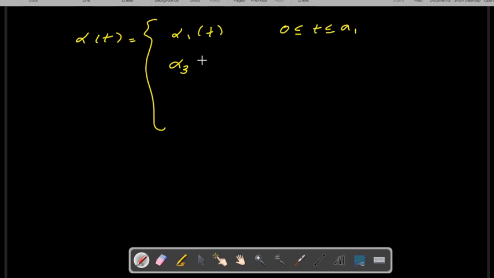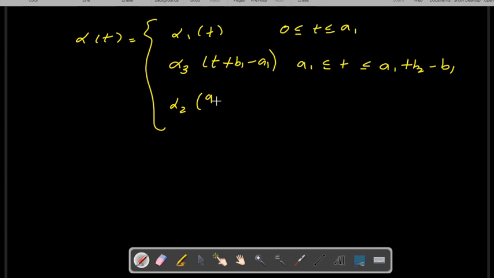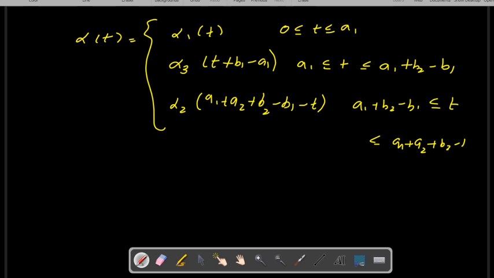And next, alpha 3 of t plus b1 minus a1, where the interval is a1 less than or equal to t less than or equal to a1 plus b2 minus b1, and alpha 2 of a1 plus a2 plus b2 minus b1 minus t, for the interval a1 plus b2 minus b1 less than or equal to t less than or equal to a1 plus a2 plus b2 minus b1.